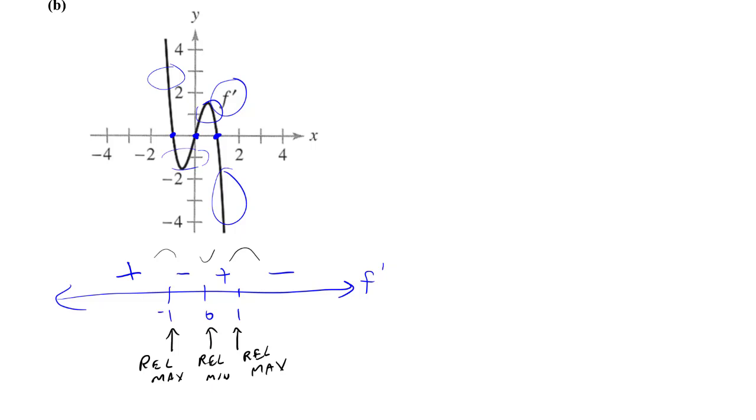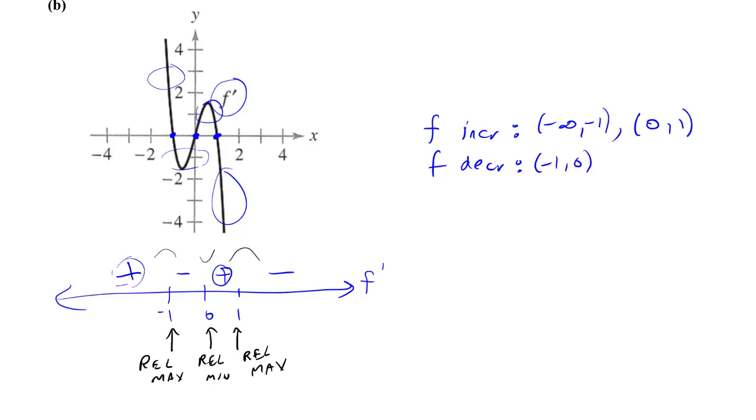Okay. So if I want to summarize all of that, f was increasing, f was decreasing. f was increasing from negative infinity to -1, and 0 to 1. It was decreasing -1 to 0, and 1 to infinity.